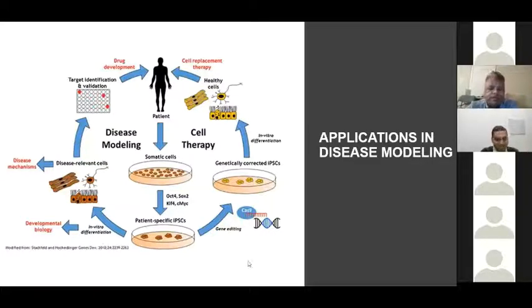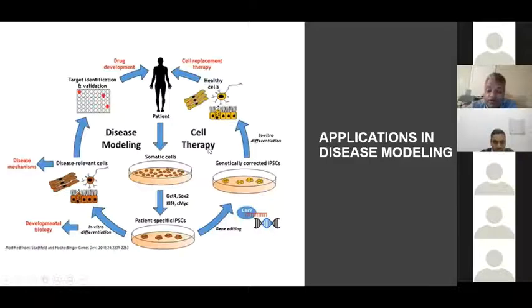Okay. And then based on these target identifications, gene editing can also be done in these cells, and we can genetically correct those cells and look for the reversal of the disease symptoms or disease related mechanisms if they are corrected in those cells after gene editing.